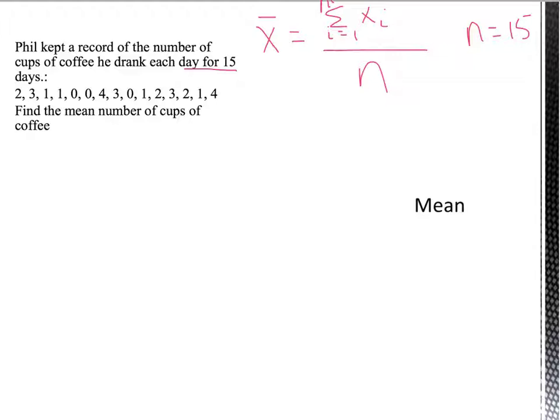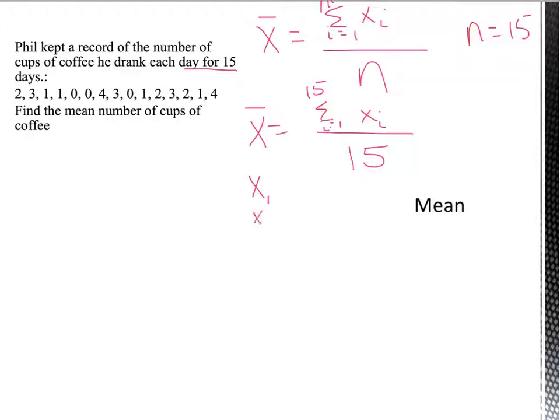So right away we know that X bar is going to equal the sum of the Xi's, where i runs from 1 to 15, over 15 as the denominator, which really just means my first through my 15th piece of data. So you're not going to need to write all of this out, but you do need to understand how it expands out, okay? So let's assign our data to an Xi. So the subscripts in math really just tell you the position of something.